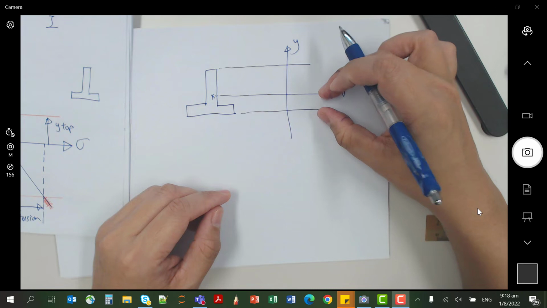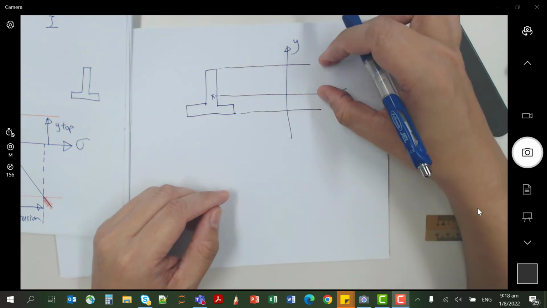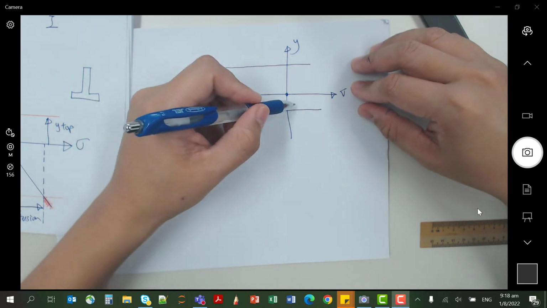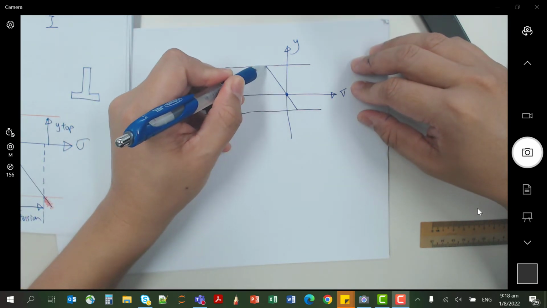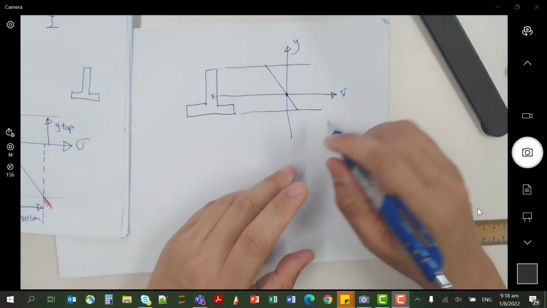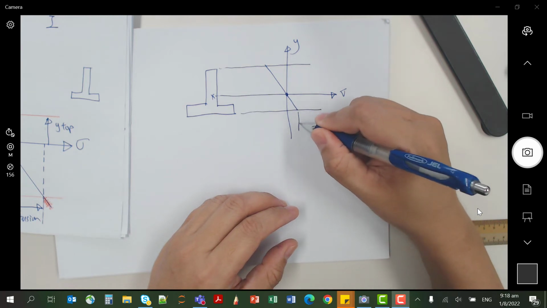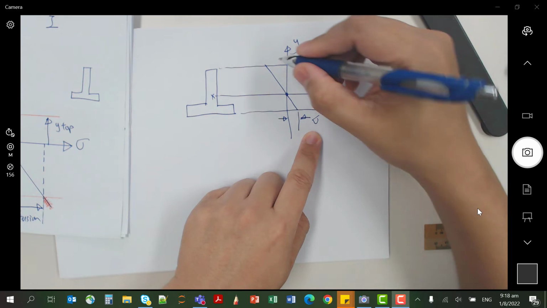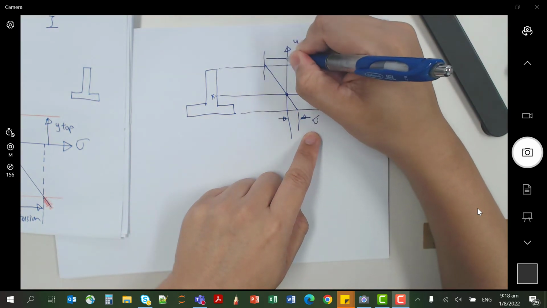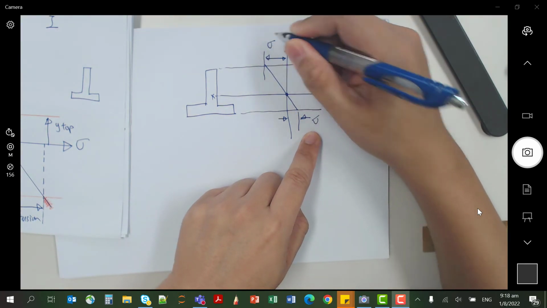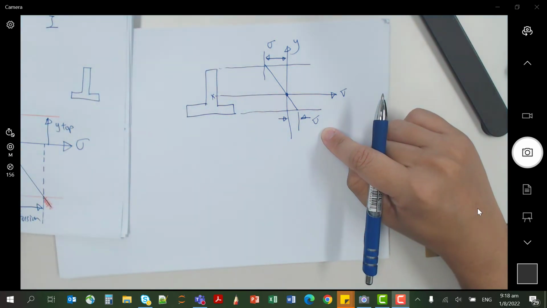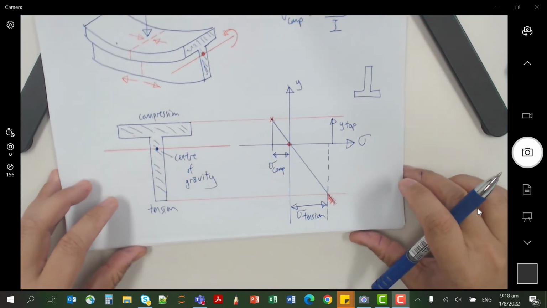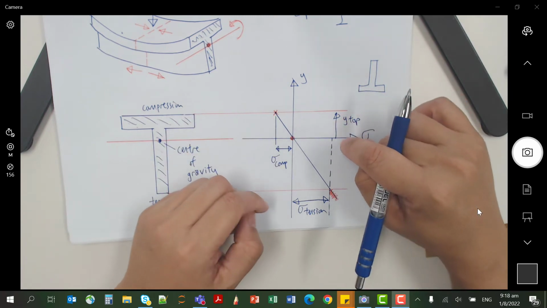So you see the bottom y is now smaller than the top y, right? And then if I draw the stress line, you see this value will be smaller than this value. So once the shape gets inverted, the higher stress is switched.